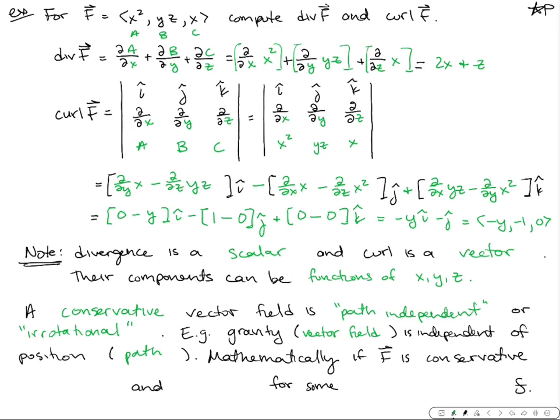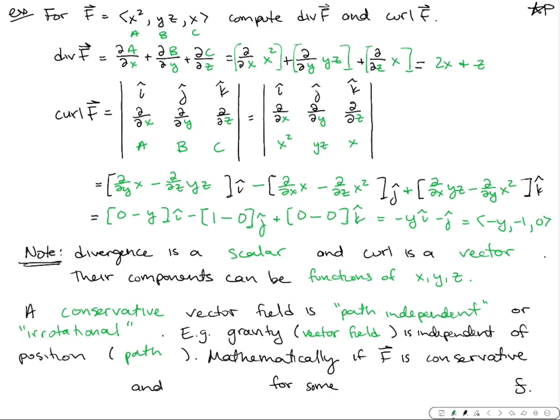If you imagine taking an object, like you're sitting down and you throw it across the room, the gravity that object experiences falling down to the ground is the same as if you took that object and just dropped it from the same height. Its vertical and horizontal motion are different, and that horizontal motion doesn't affect how gravity influences the object. So that's the most classic example of a conservative vector field that you might be familiar with from other classes.